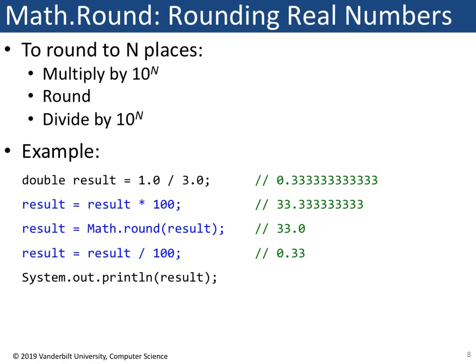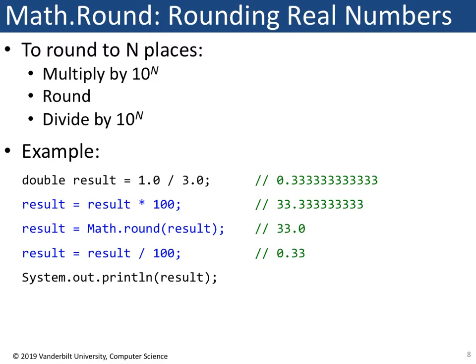At this point, we can apply the rounding function, which will produce a double that has a fractional portion which is equal to 0. So the result of applying round to 33.33 and so forth is 33.0. Now we can divide the result by 100 and store this back into the result. The overall effect was that we rounded it to the hundredths place.